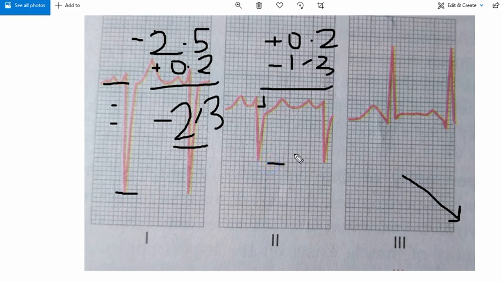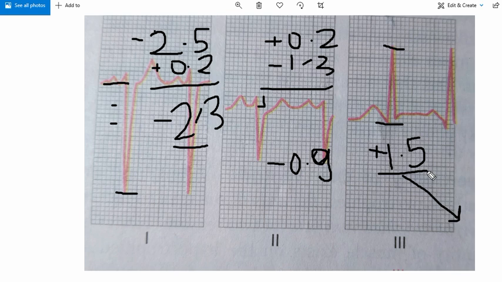Lead 2 gives us approximately minus 0.9 millivolt, whereas lead 3 gives us approximately 3 large boxes in positive direction, and from the central line the voltage given by lead 3 is plus 1.5 millivolt. So we have derived different values for determining the resultant QRS vector.